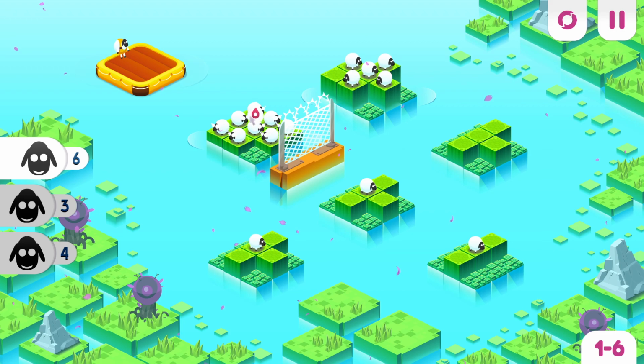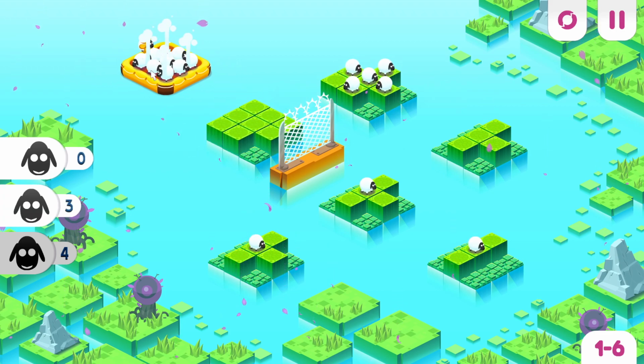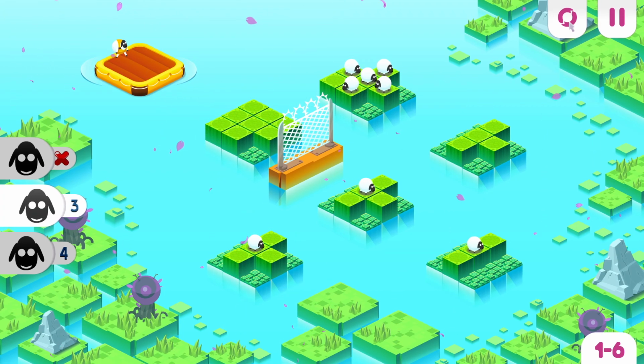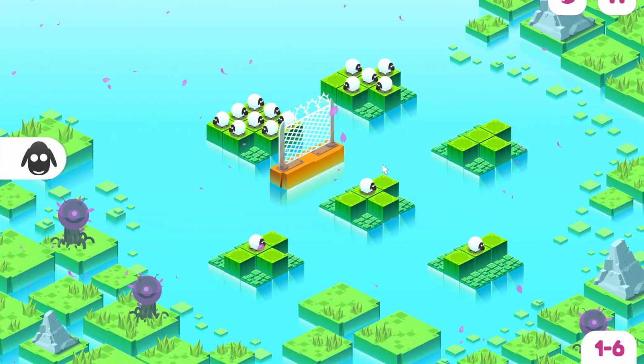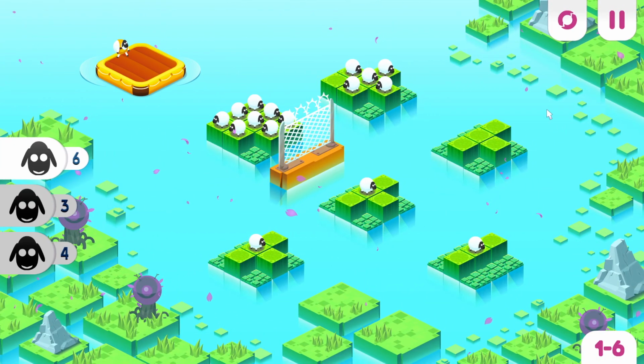So we gotta learn this lesson, so let's make a mistake. And that failed. So then we'll just reset the whole level. Nice animation there, but perhaps a little slow. So then we need to look and see if we can do this, and we know now that that is actually a barrier.